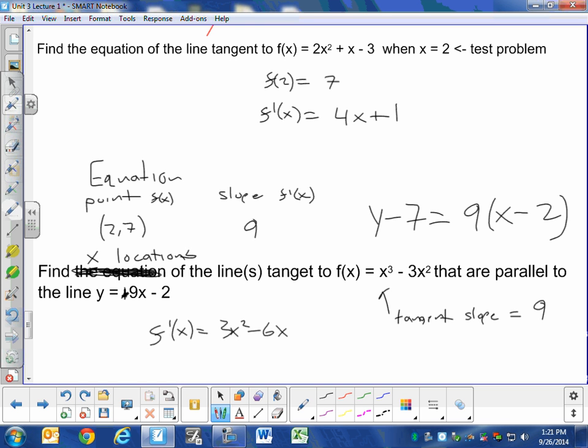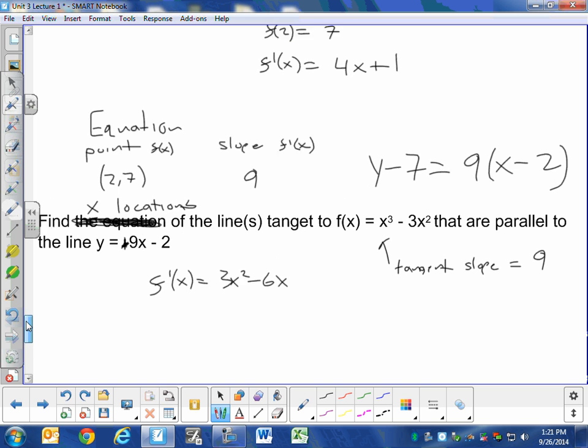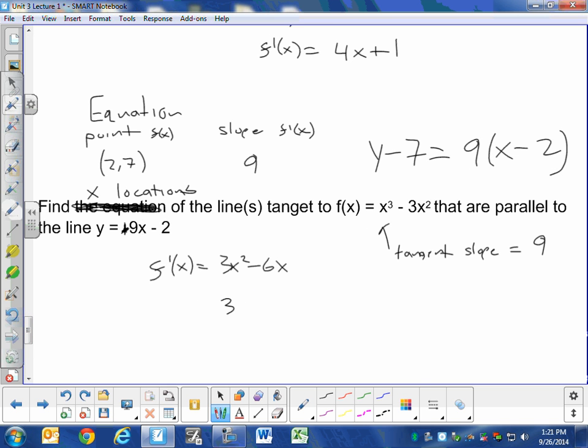Plugging in values for x would give me my slopes. If you want to start guessing and checking, sure, maybe you can find 9 by plugging in random values for x. But an easier way to do this is to discover the values of x by setting this tangent slope generator equal to 9, and seeing for what values of x my tangent slope will equal 9.